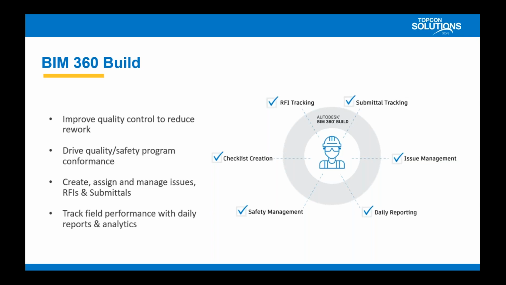We would have a separate application or another software that we would get into for creating our checklists, the QA/QC walkthroughs, our safety management, tracking RFIs or submitting RFIs and submittals, and again, those daily reports, tracking those daily reports. BIM 360 Build is where we're going to see that once you activate that module, where you're going to see that capability go back into Docs and getting into all of your different plans or project files.